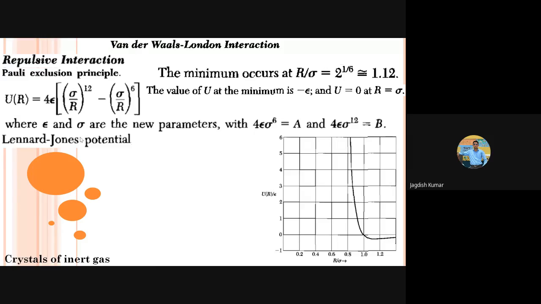But this minima is there for only a two-particle interaction. I mean, a pair potential. Pair potential means we are talking of only a pair of particles. We don't bother about the many-body problem. In a practical gas, there are so many particles, and there things will be a little different.